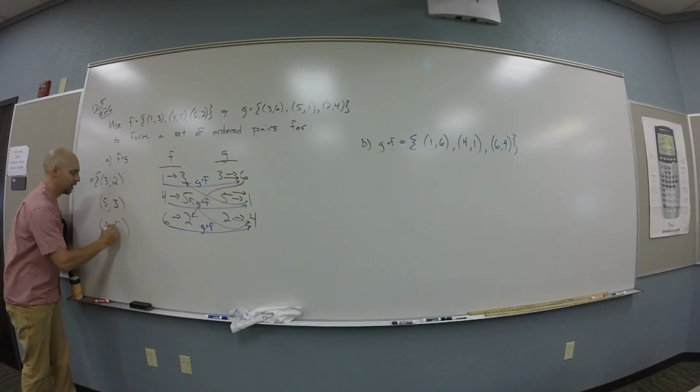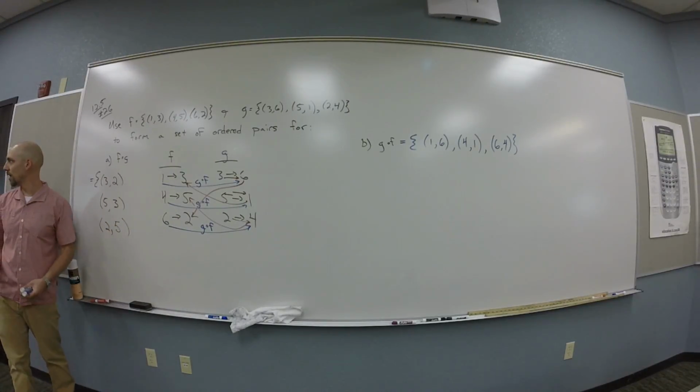So 2 goes in the end to 5, and I don't need to write down that middle step. You guys cool with that?